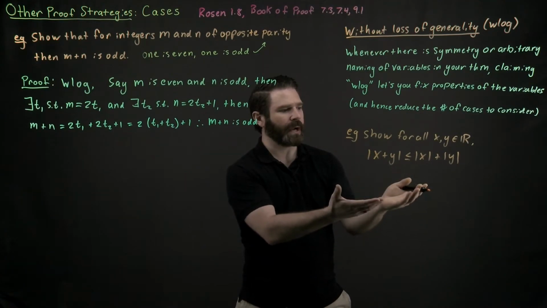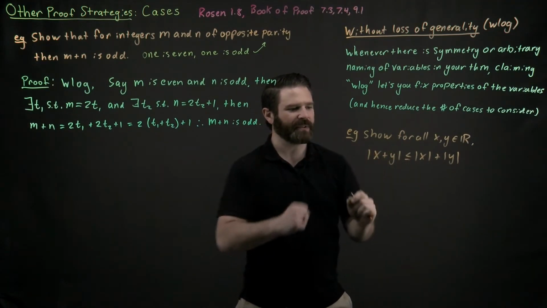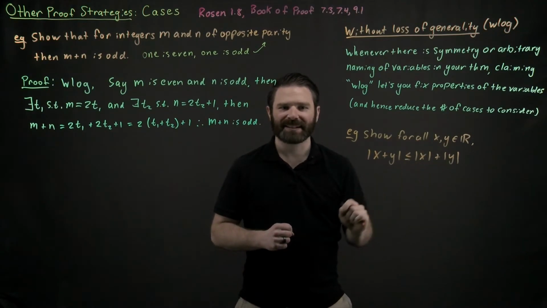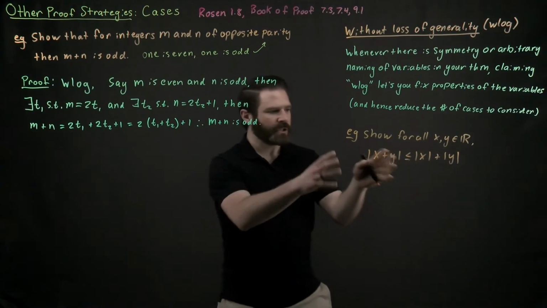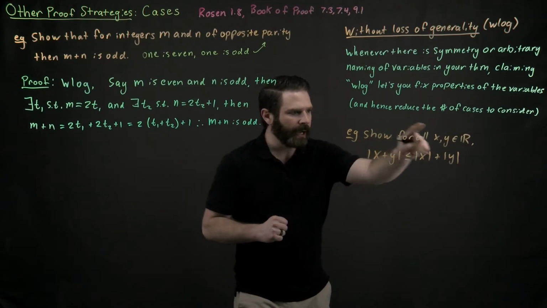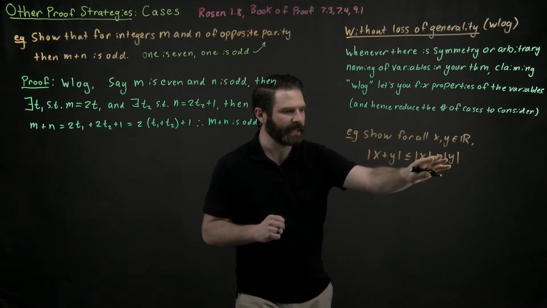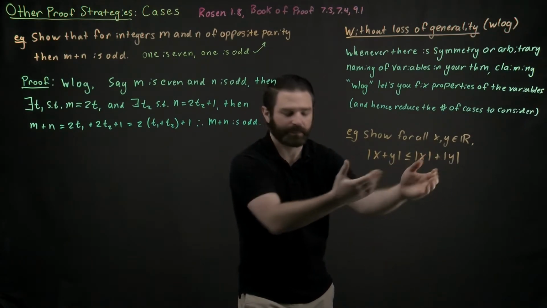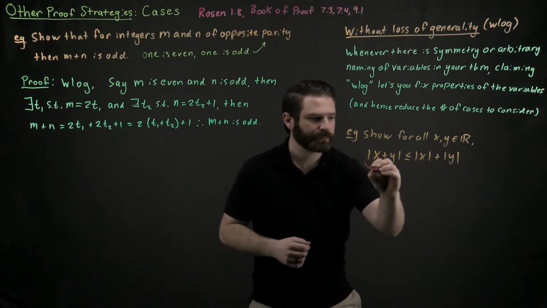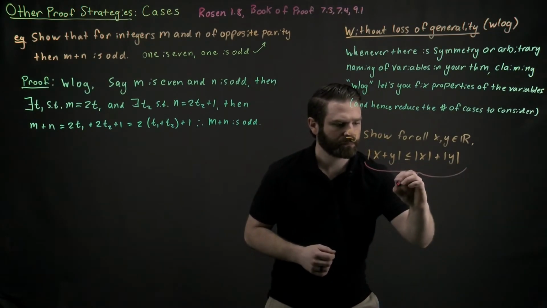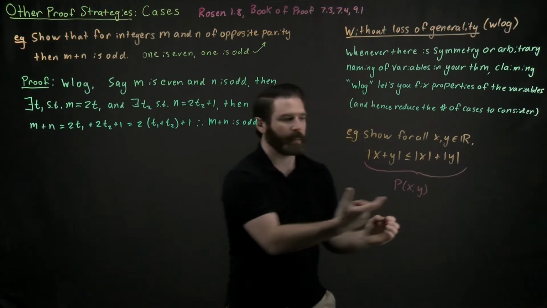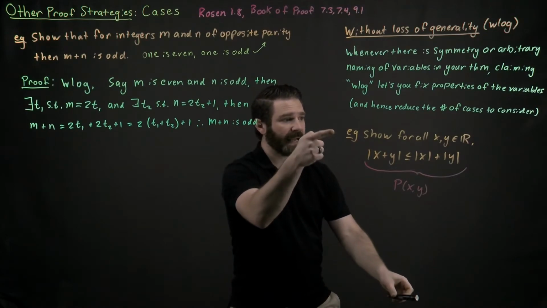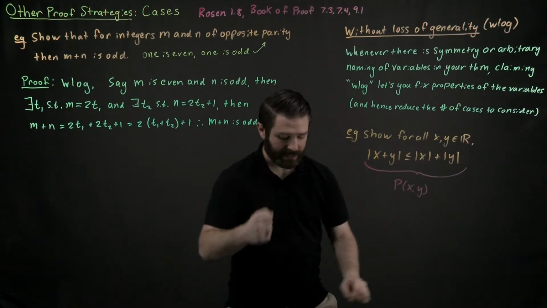And I want to show the triangle inequality, that the absolute value of x plus y is less than or equal to absolute value of x plus absolute value of y. So let's carefully consider this. What I'm trying to show right here is this inequality. So I could call this my propositional function P of x, y.